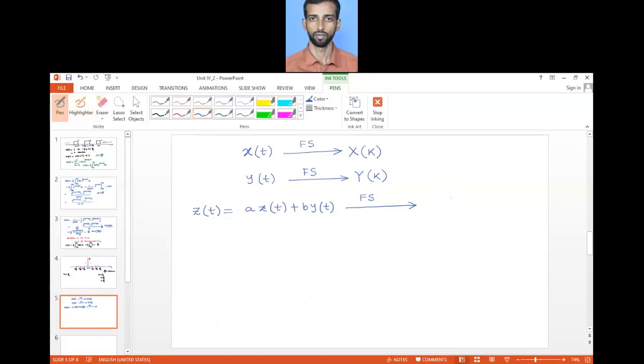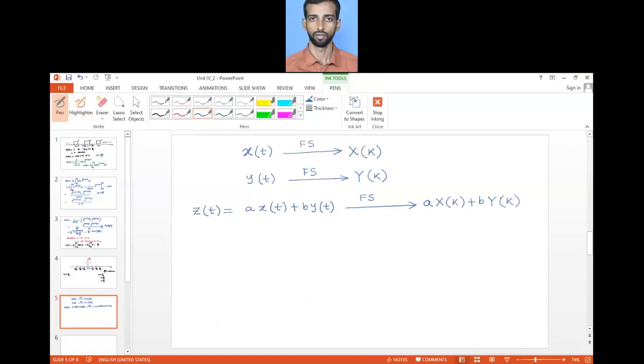That means we have invoked the additivity property as well as the homogeneity property. a times x k plus b times y k. So that reduces your job tremendously.